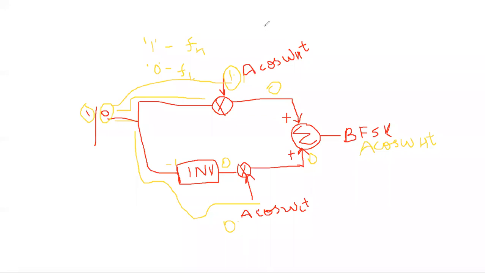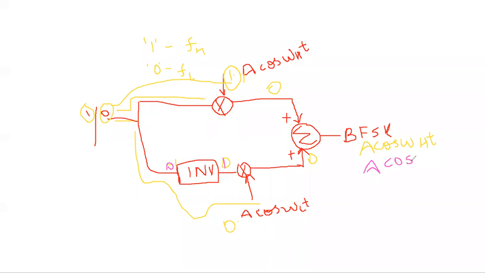In the lower branch, this logic 0 is converted to logic 1, meaning some positive voltage, and it gets multiplied with the lower carrier. So the output of BFSK will be A cos of omega LT, that is the lower frequency component.